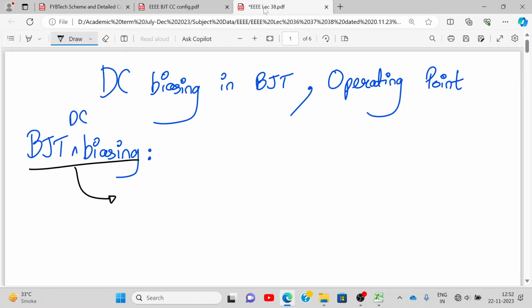Establishing and maintaining proper collector to emitter voltage and collector current in a BJT is called as BJT biasing.